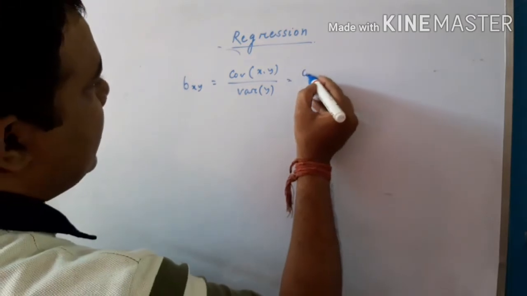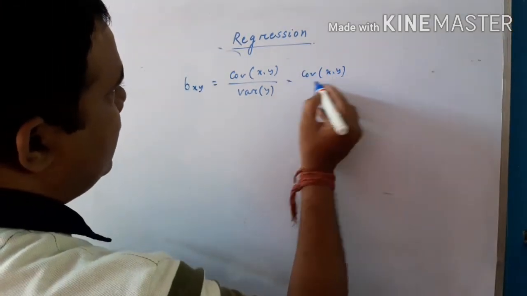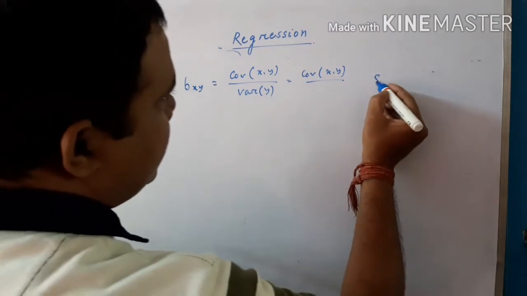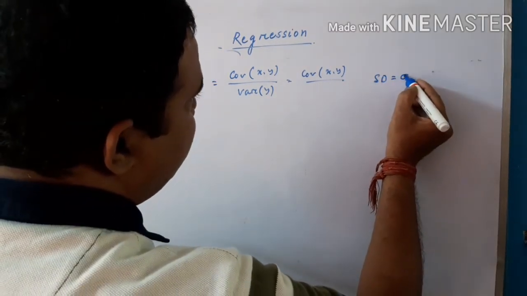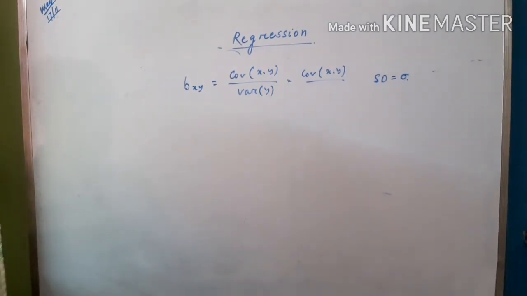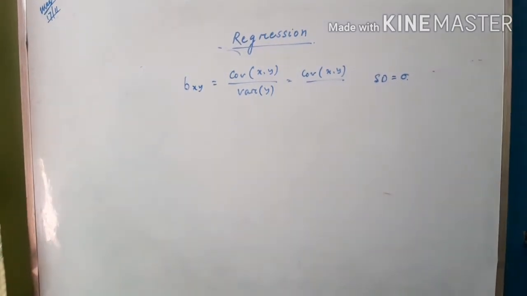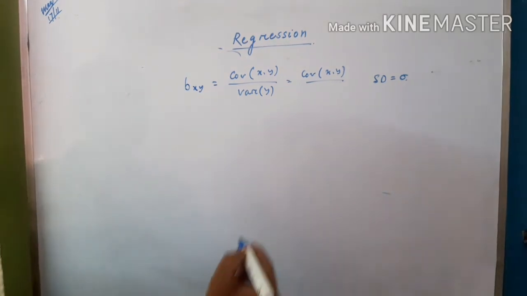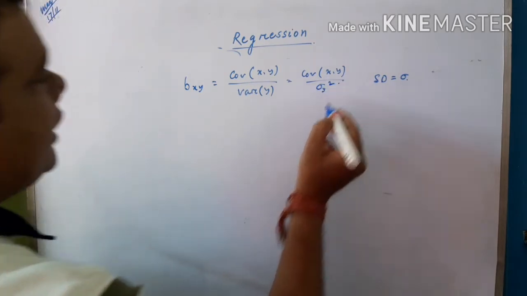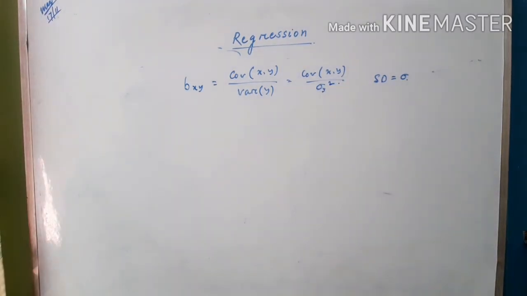Variance is the square of SD, SD for standard deviation, and standard deviation is denoted by the symbol small sigma. So SD of y whole square means variance of y. So instead of variance of y, I am writing SD of y whole square, that is sigma y whole square. So bxy equals covariance of xy by sigma y whole square.